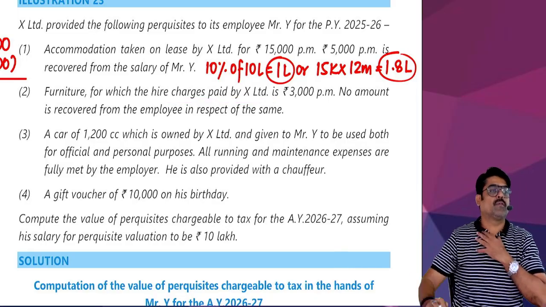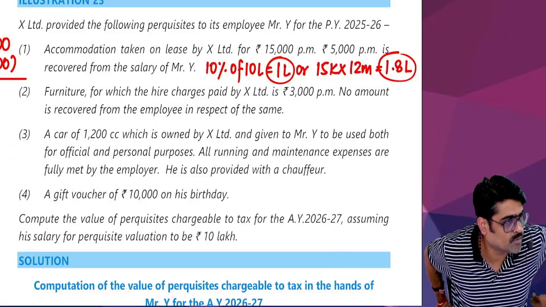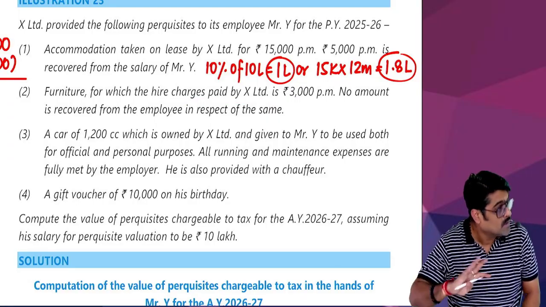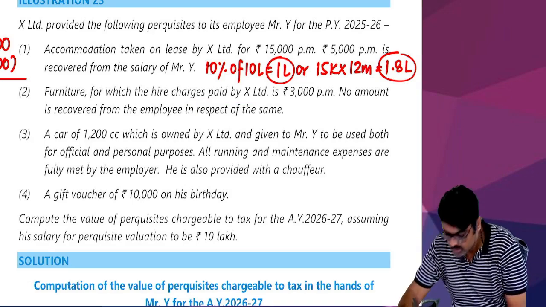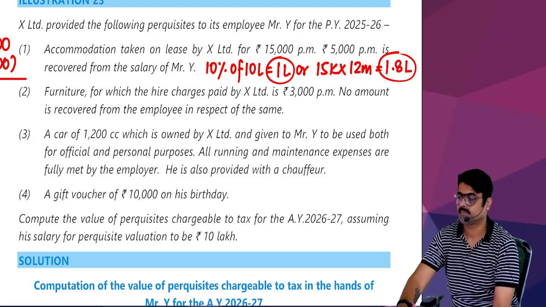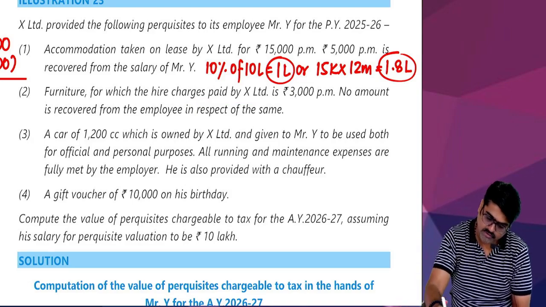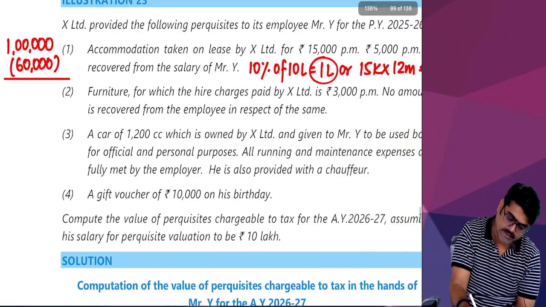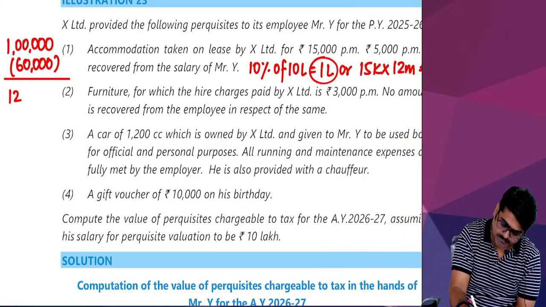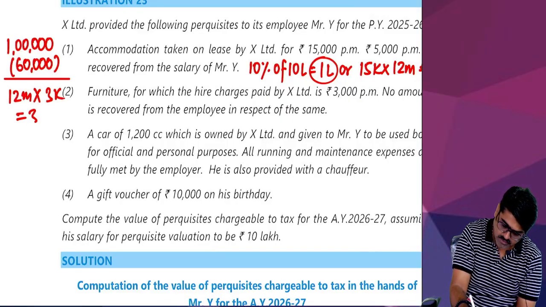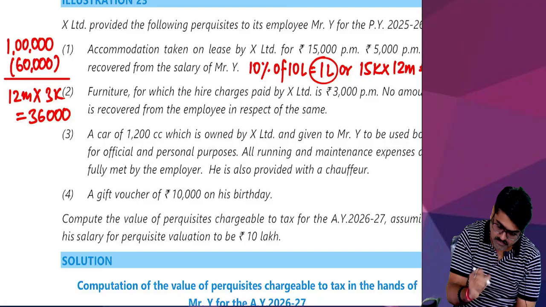For how many months? Nothing is mentioned, then it is used for 12 months. So 12 into 3,000 will be 36,000. Entire 36,000 will be taxable. Okay.